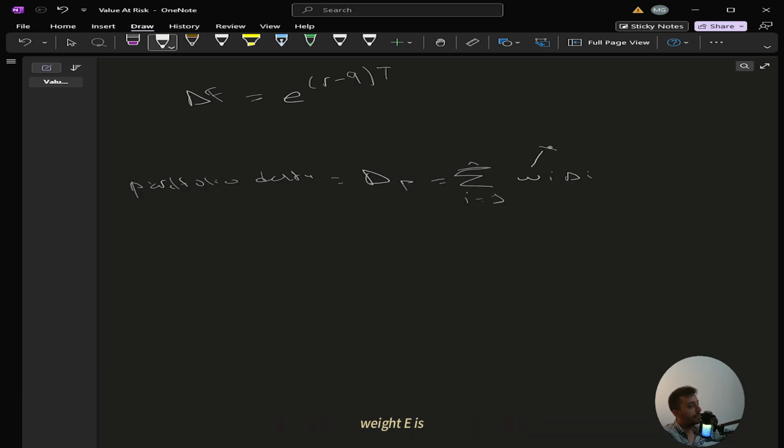Weight i is the portfolio weight of each option position, like a weighted average of stocks. And delta i is the delta of that option position.